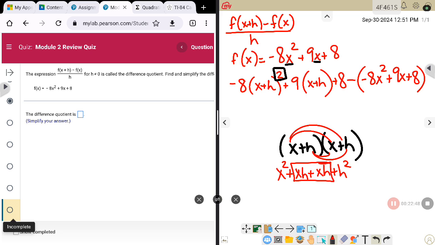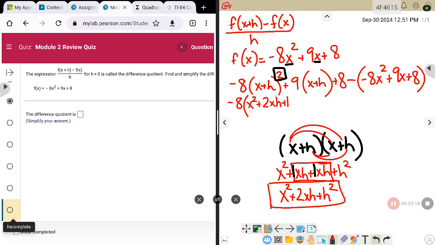So I've got x squared plus, if you have one here and one here, you have two xh's, plus h squared. So when you have to fill in for (x plus h) squared, that's what you're going to have. So you got negative 8, and then fill in x squared plus 2xh plus h squared. So now I'm going to erase that part where I did the foiling.